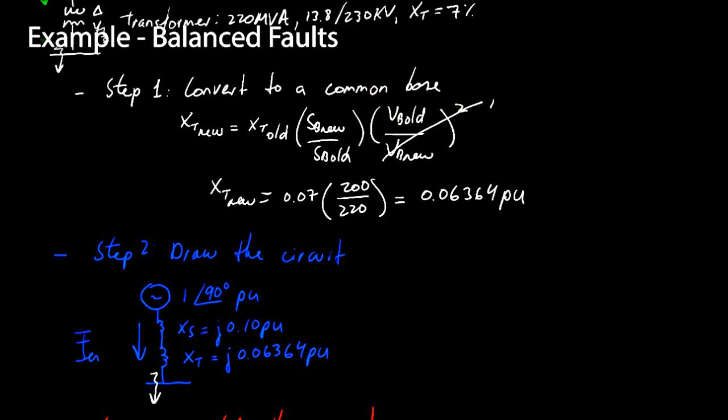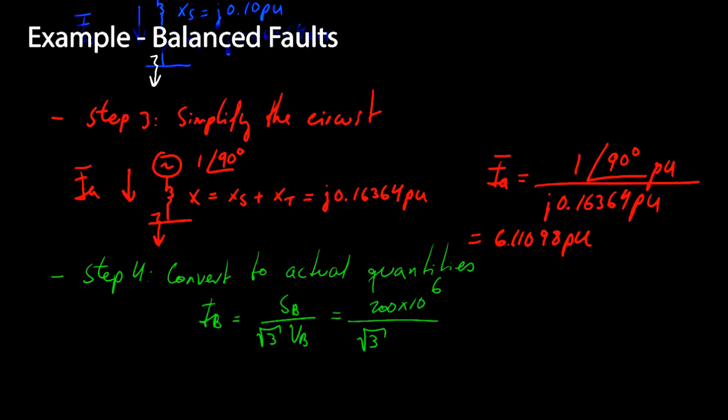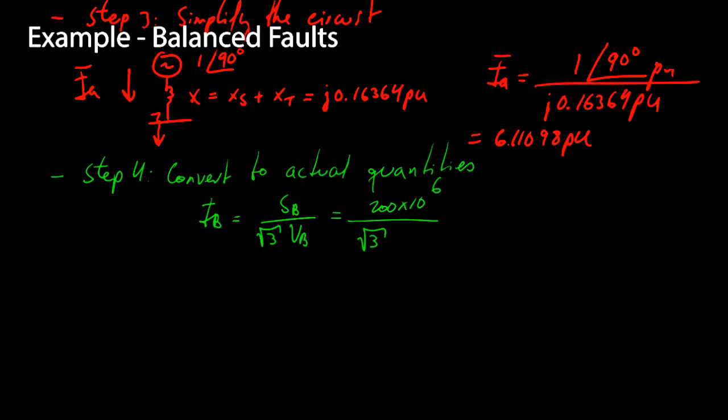So it depends where you want to see the fault current result. In this case, I want to see it where the fault is, so on the 230 kV system. So my base voltage would be 230 times 10 to the 3. So again, 230 kV. So that's going to be equal to 502.044 amps.